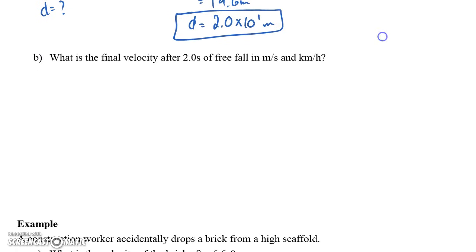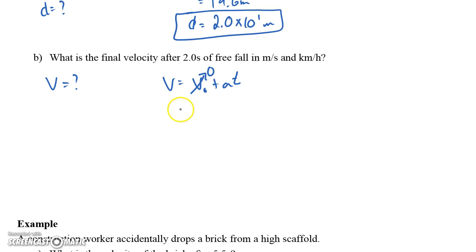Now what was the final velocity after 2 seconds? So we're just going to look at V equals. Now the best equation to do this with, again, we have V naught, we have A, we have T. Well, let's just go straight into V equals V naught plus AT.